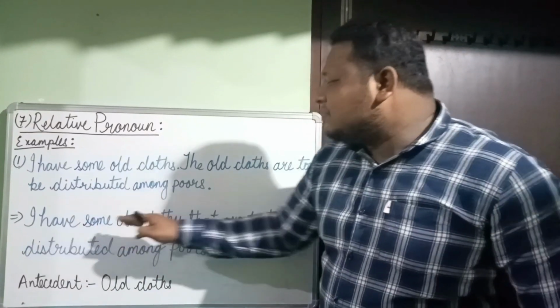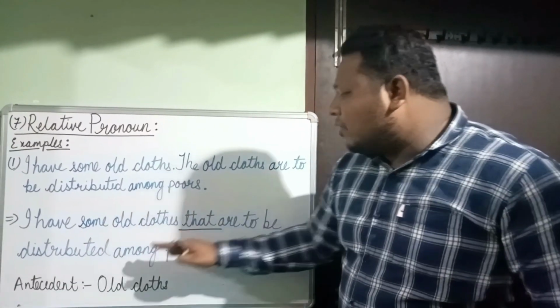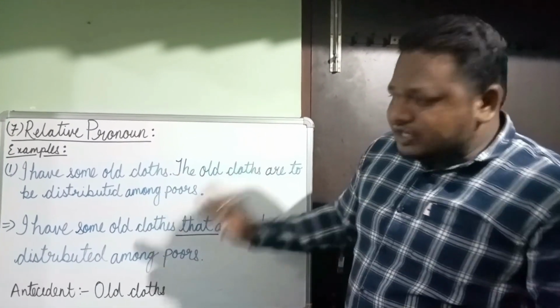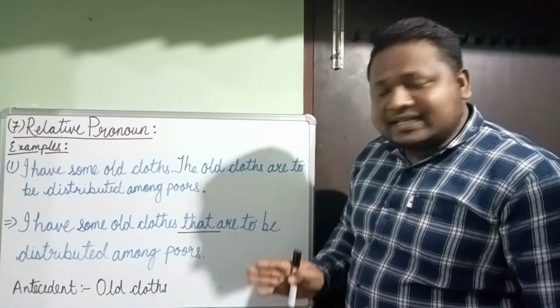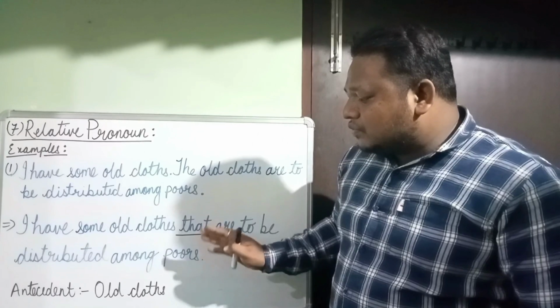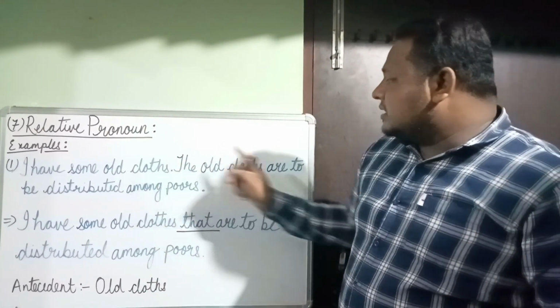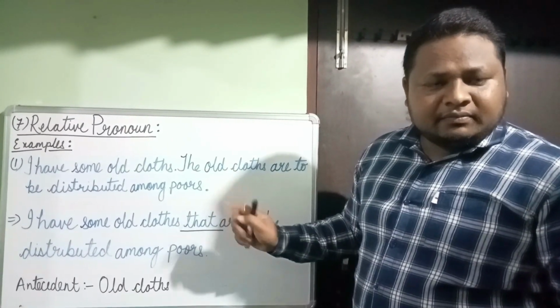Here, I have some old clothes that are to be distributed among the poor. So now we have joined these two sentences using the relative pronoun that. And our antecedent in this sentence will be old clothes, because that is the noun which is repeated in both the sentences. Alright?